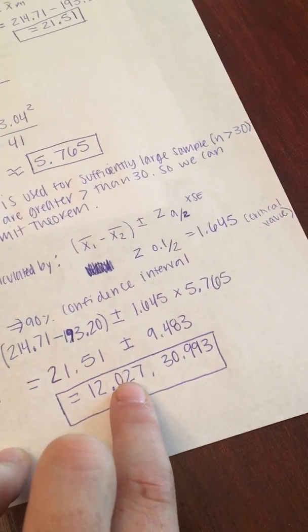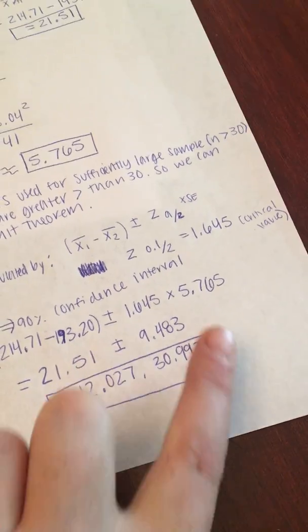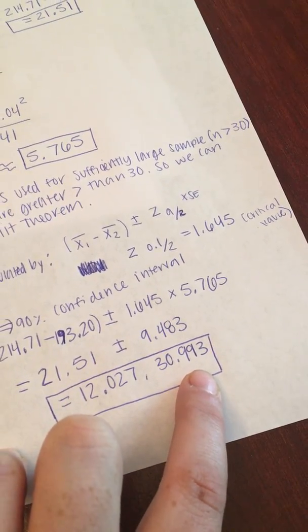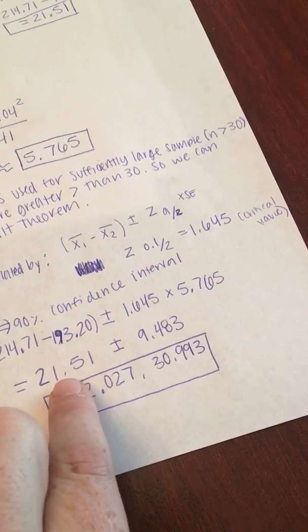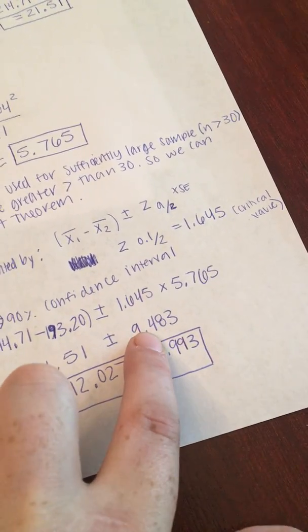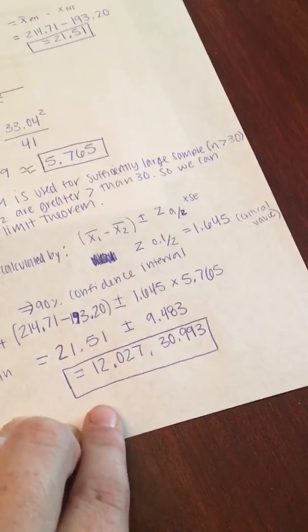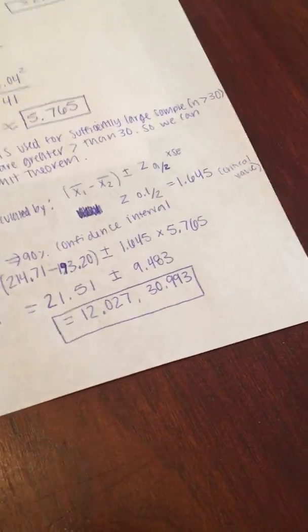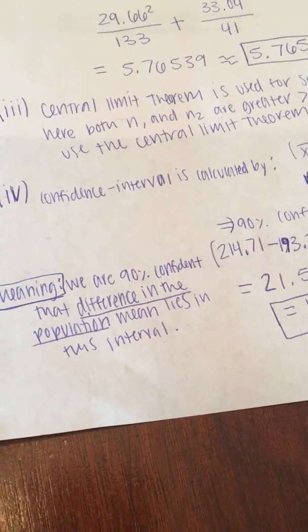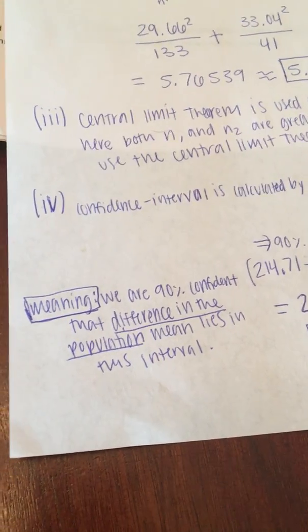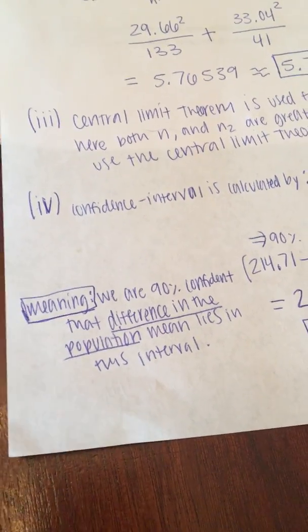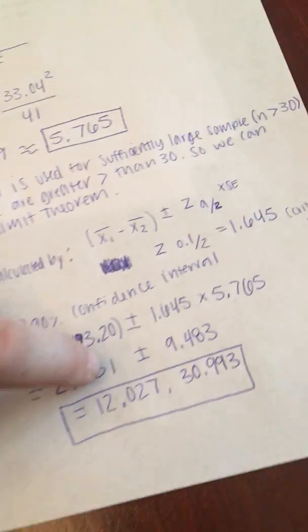So when we add these together, we get 30.993. And then when we subtract 9.483 from 21.54, we get 12.027. So with that, we can determine that we are 90% confident that the difference in the population means lies within this interval.